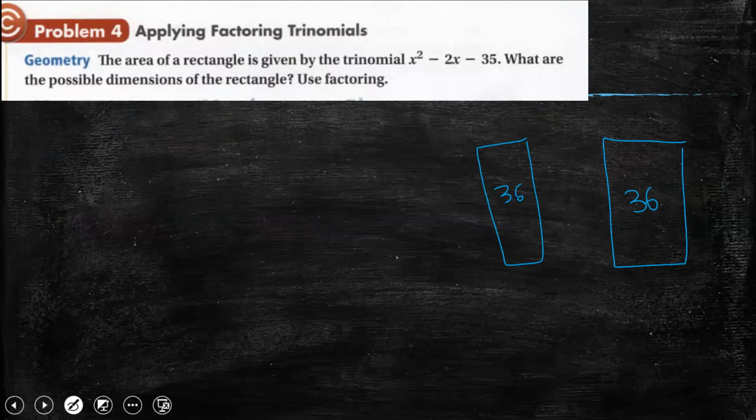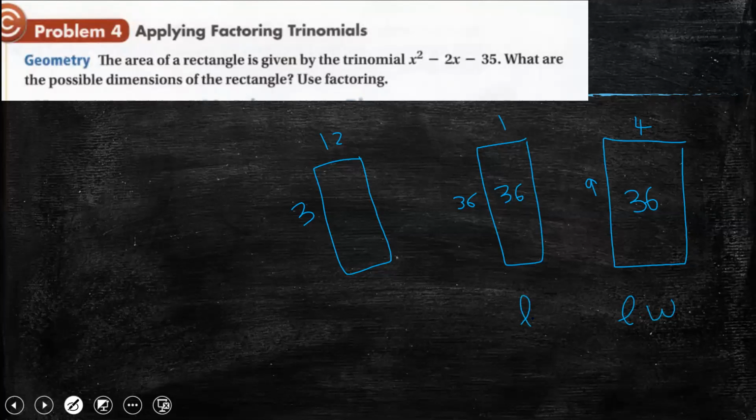One of you could say 4 and 9, 1 and 36, or 12 and 3. All of these are acceptable because the area of a rectangle is the length times the width.